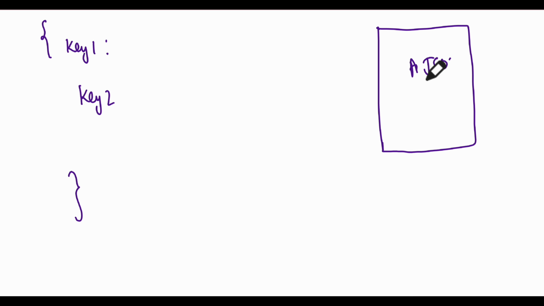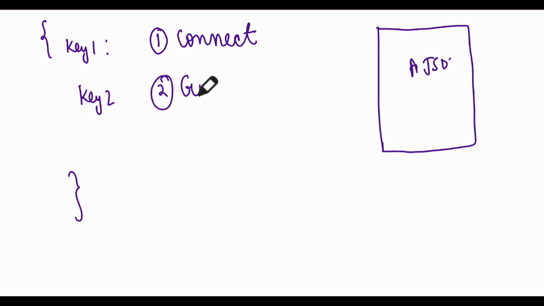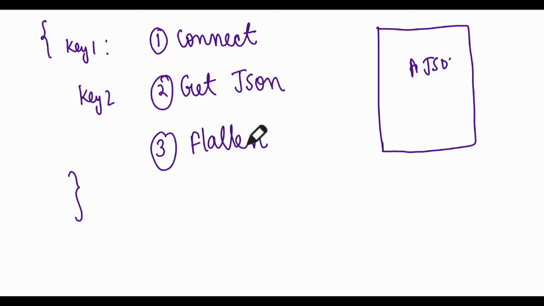So your first step, remember, is to connect to the API, so you set up the API connection. Second, you get the JSON data. Third, you flatten the JSON data into a Pandas data frame.